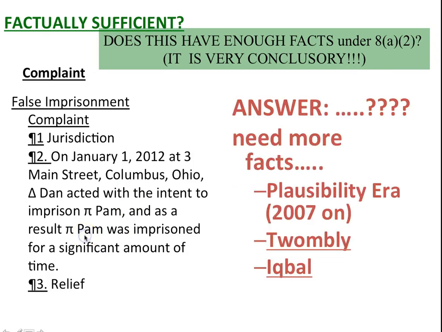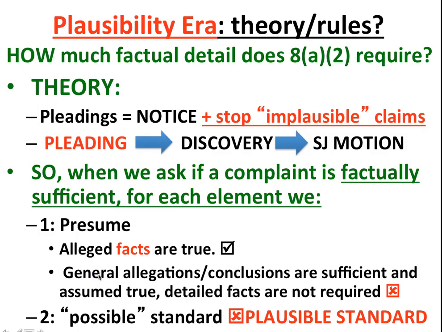The question is, in the plausibility era, is it enough? What the plausibility era demands is more factual detail about the claim. Let's look at how the theory and the rules have changed. First, the theory. In the plausibility era, the court demands that pleadings do more.